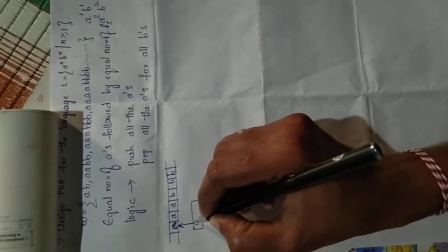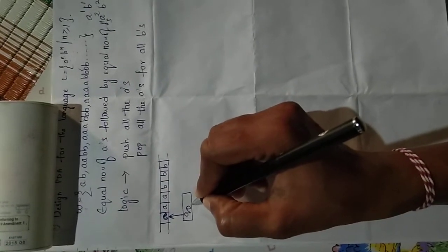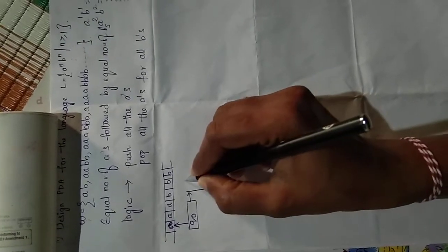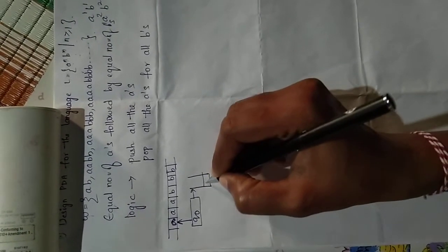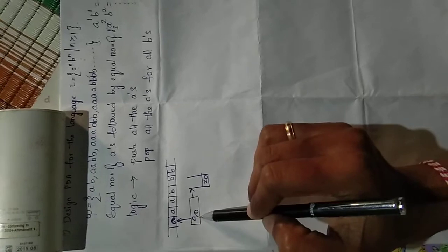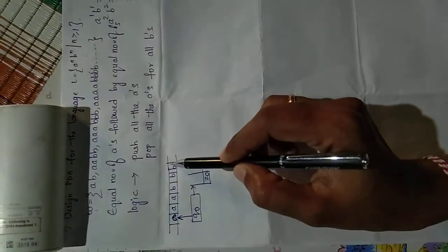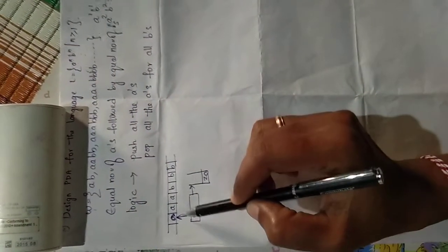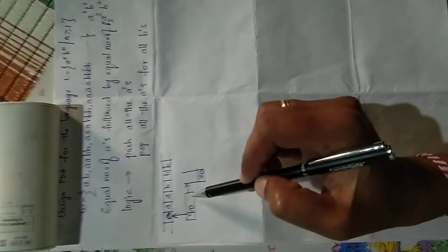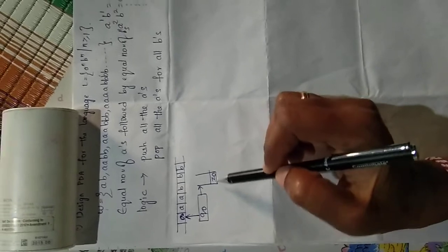The finite control consists of states, so I am taking the initial state, and this finite control is connected to the stack. And what is the default stack symbol? Z0 is the default stack symbol here. This is the input tape, which stores the input string, and this is the read head, and it is a finite control. It will store the states, and this will be connected to the stack here.